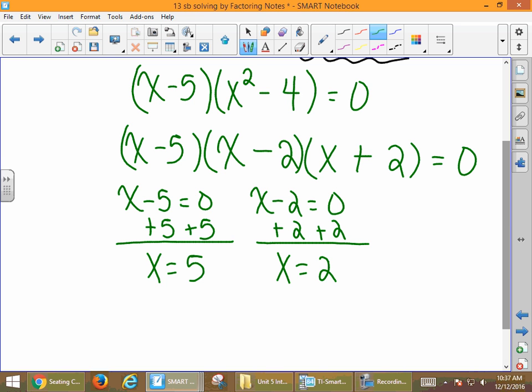And we're going to take x plus 2 and set it equal to 0. And by the way, there's not any particular order that we list our roots, our solutions, or our x-intercepts here. But you do need to have all three of them, 5 and 2 and -2.